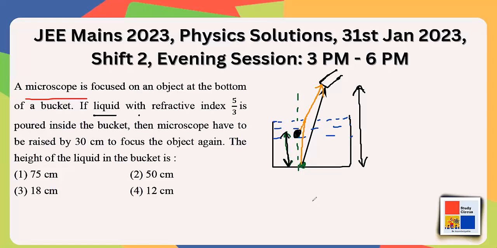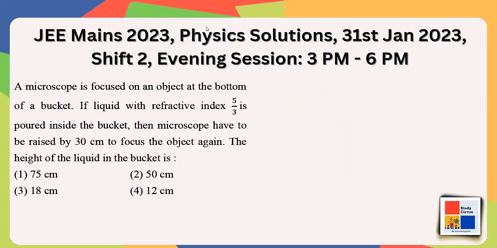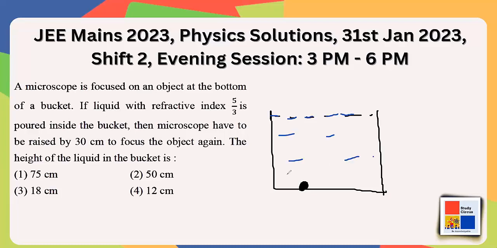So I'll make a clear diagram to explain this, how to take, what to take. Let me make another diagram. So this was just to make you understand. Let's say this is the tub, the bucket, and the real object is kept here initially. There is some liquid poured in the bucket right now, and the refractive index of the liquid is 5/3.